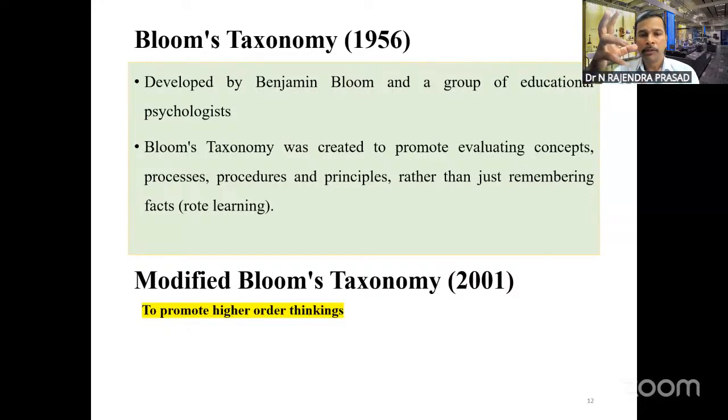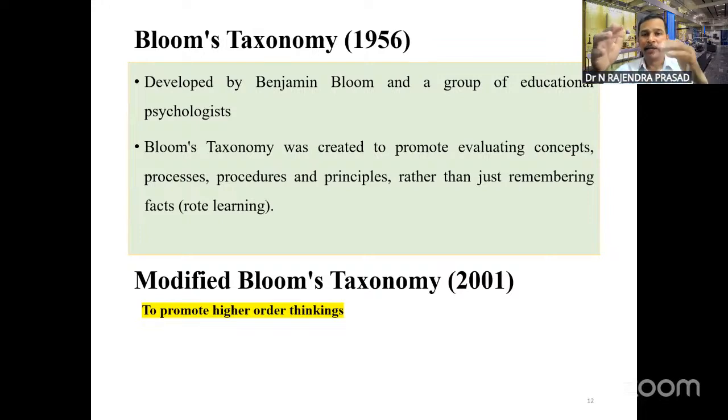We need not assess the students by asking questions and having them write answers by remembering certain concepts. That is known as rote learning. That is not good enough. We have to make the learners learn the concept at various levels. That has been put in Bloom's taxonomy.